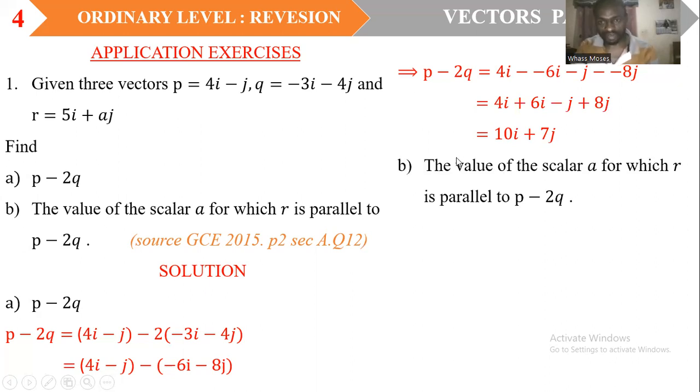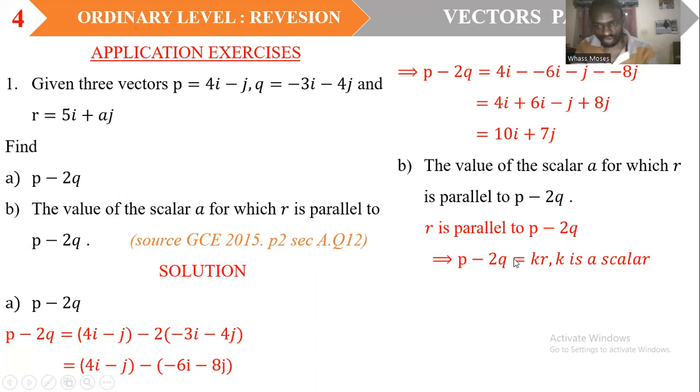Part b says we should find the value of the scalar a for which r is parallel to the vector p minus 2q. Now we know that r is parallel to p minus 2q if and only if the vector p minus 2q can be expressed as a scalar multiple of the vector r.